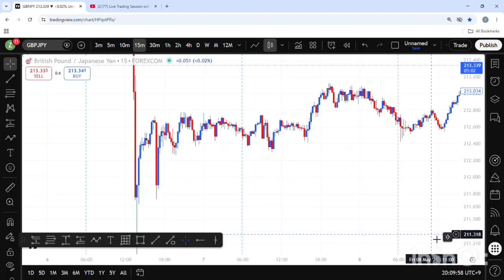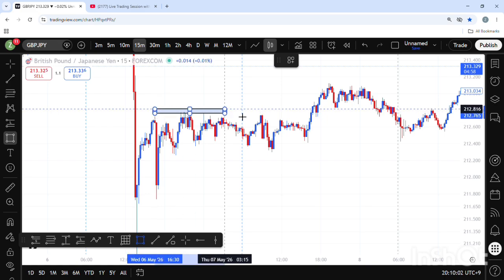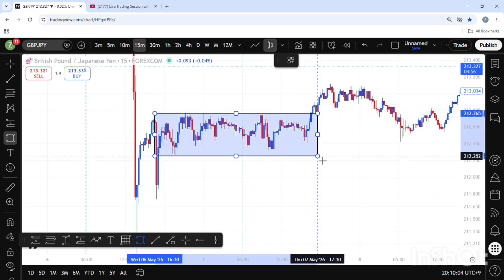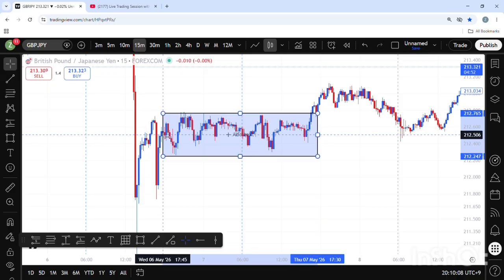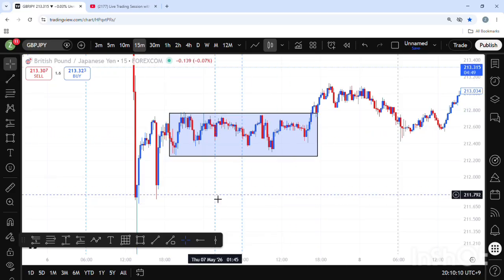Another type of liquidity that I make sure that I master very well in the market before I place my trades is equal high and equal low. That's self-explanatory, because equal high means there's a point where the market is going up, and once it taps there, it's going back. It goes up again to that level and it goes back. That means equal high.